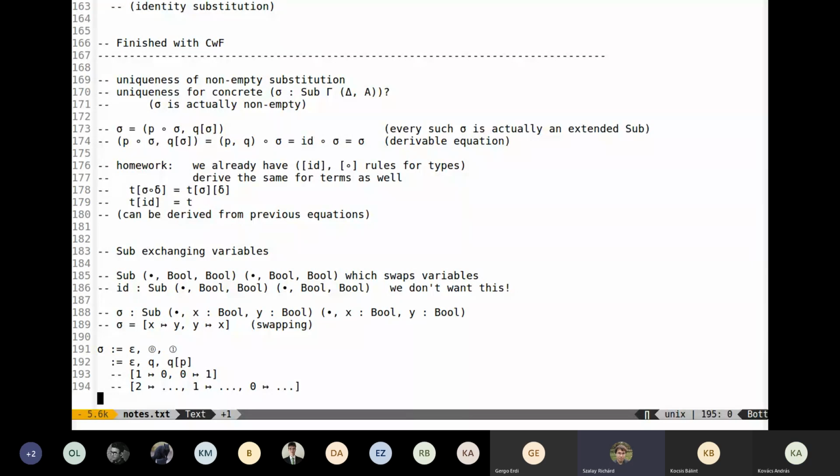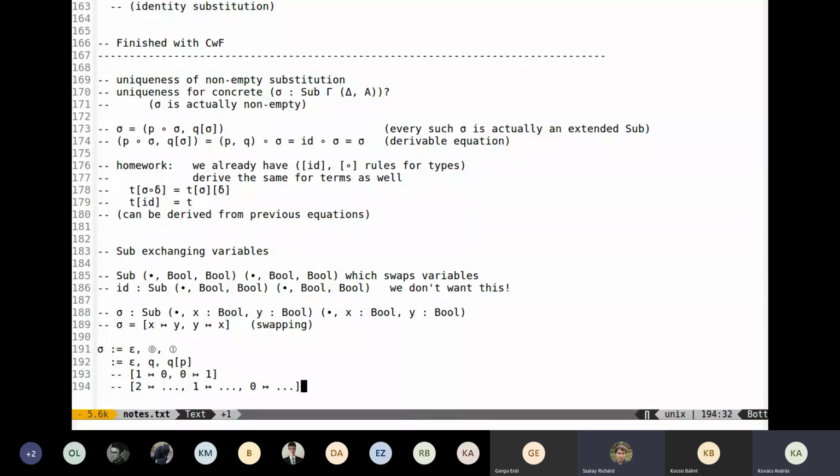The leftmost variable in the context is given the value of the rightmost index in the substitution. That's why it will be swapped.